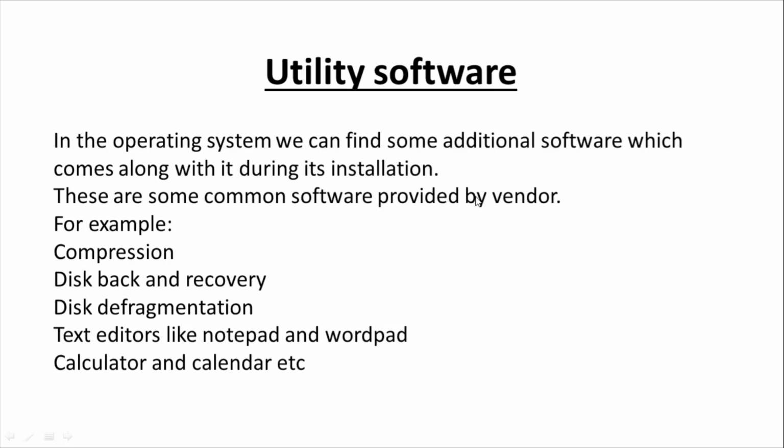These are some common software provided by vendors, the manufacturers, like compression, disk backup and recovery, disk defragmentation, text editors like Notepad and WordPad, calculator, calendar, etc. All these are available during its installation.